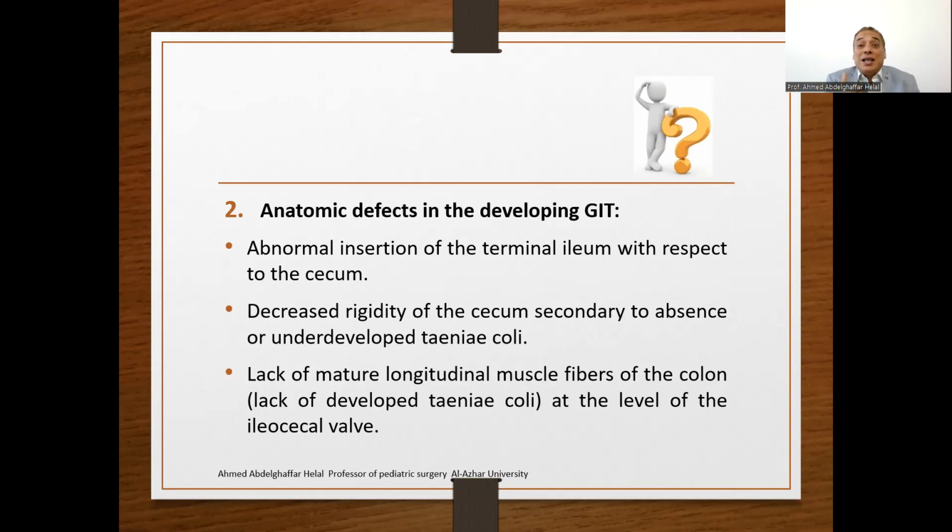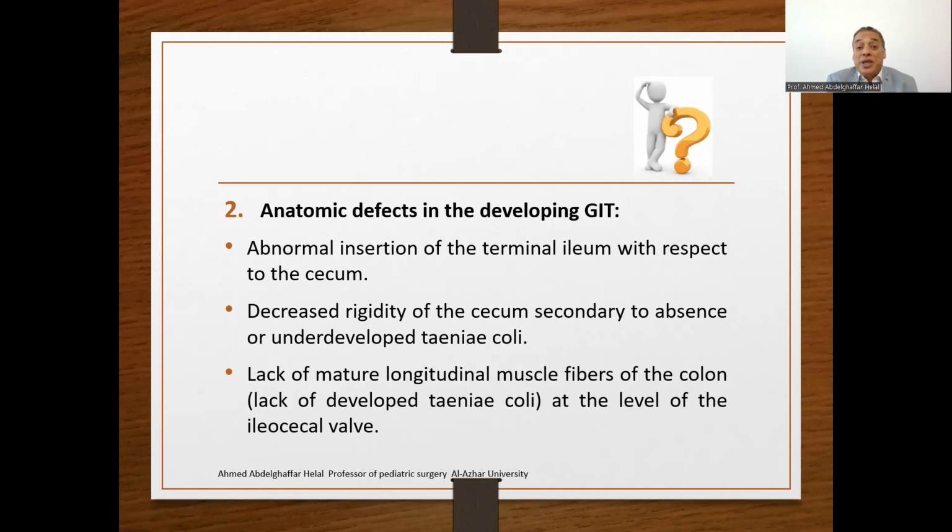Also, some authors described decreased rigidity of the cecum, secondary to absent or underdeveloped Taenia coli. So the cecal wall is soft, not rigid, and it's very easy for the terminal ileum to invaginate into this weak or abnormally developed cecal wall.